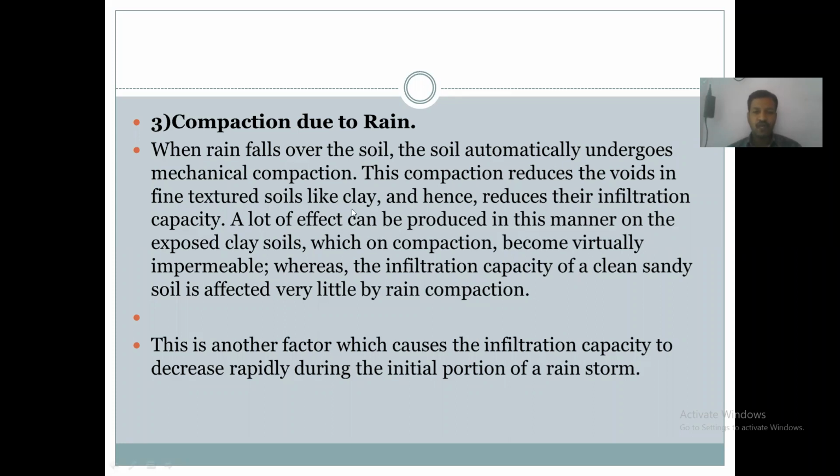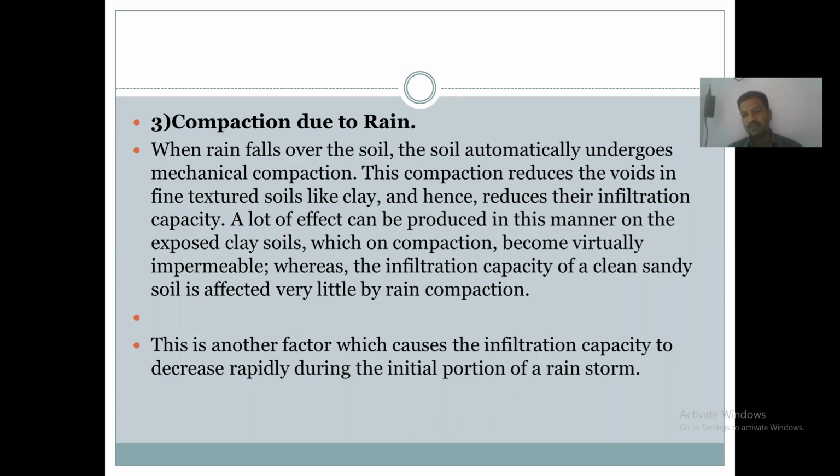When rain falls over the soil, the soil automatically gets compacted, without any application of load, naturally, by the rainwater. The soil particles will get compact, so infiltration will reduce.